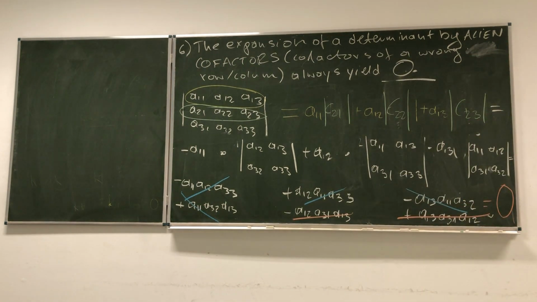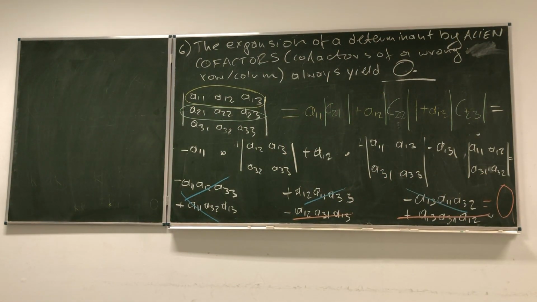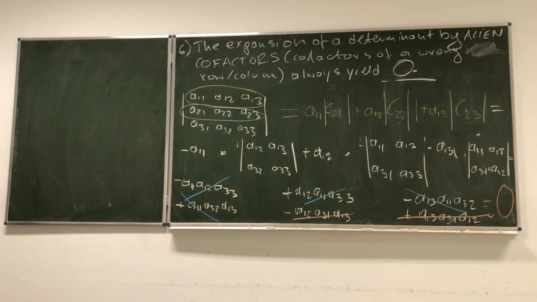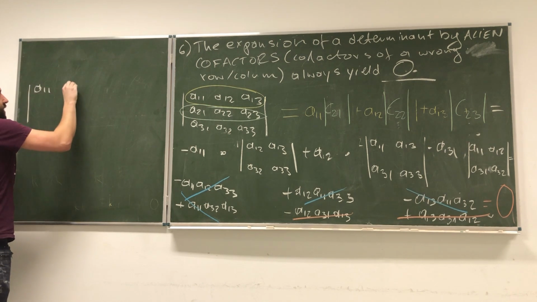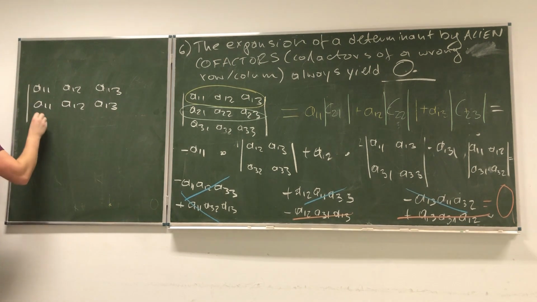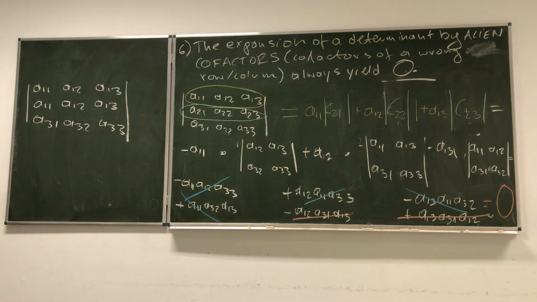Ha! Why is this happening? Look, because as it turns out, if I would take a slightly different, similar determinant to the one you see over here, so A11, A12, A13, A11, A12, A13, A31, A32, A33, and I would calculate this determinant, what would I get?